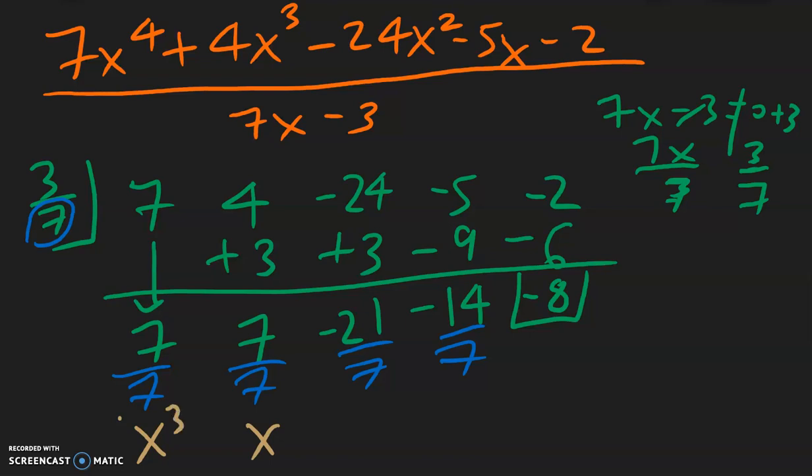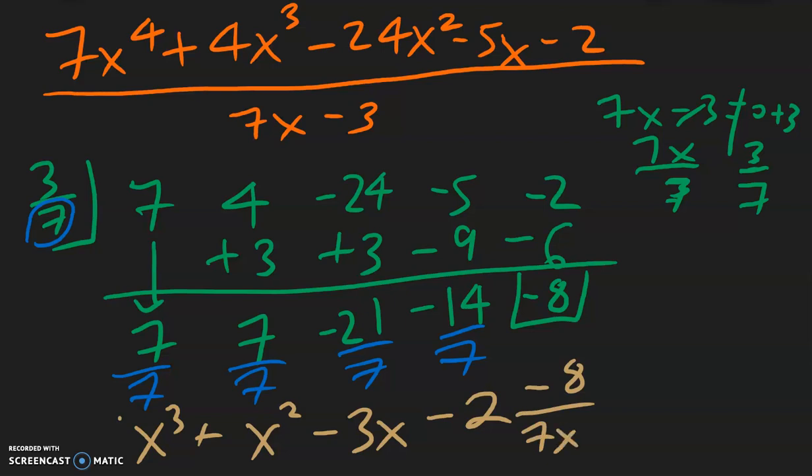It's to the third because we start with 4, so 1 less than that. So x to the second. Negative 21 divided by 7 is going to be negative 3x. Negative 14 divided by 7 is going to be a negative 2. And then here's the remainder. Negative 8 over 7x minus 3.